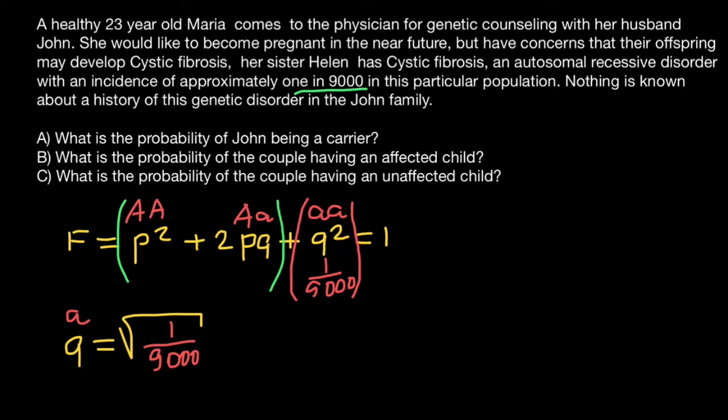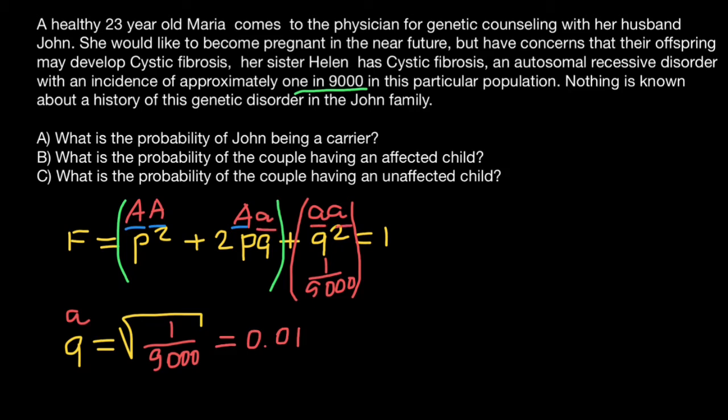So if we want to find small a, or q, we just have to take the square root of this number. And the answer as a decimal number is going to be 0.01.